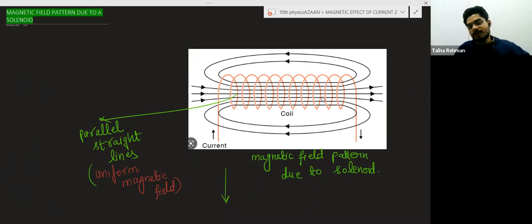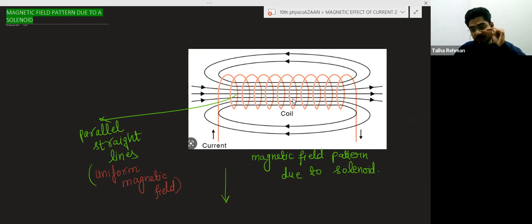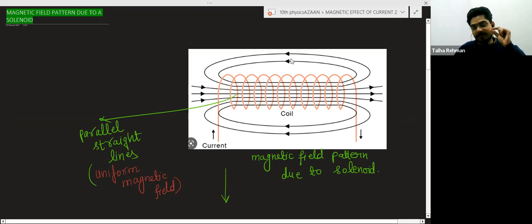And one more thing, you can see here inside the solenoid the magnetic field lines are very close. Outside the solenoid, the field lines are far apart. So inside the solenoid the magnetic field strength is more, because the field lines are close, and outside it is less, because the field lines are far apart as compared to the inside.